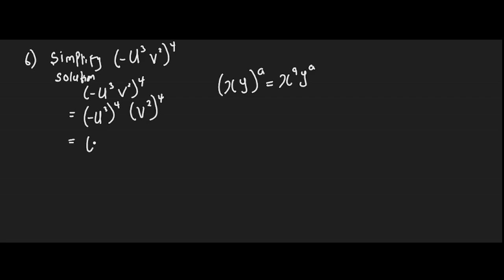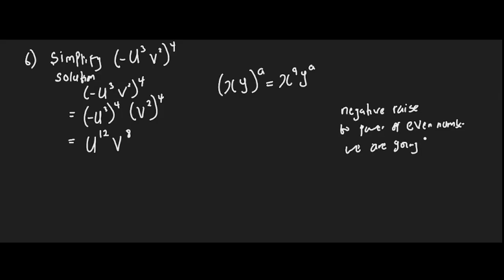Here we are going to have u^12, and here we are going to have v^8. Now, in this case, the negative sign is no more there. We need to notice that whenever we have a negative raised to the power of an even number, we are going to have a positive.